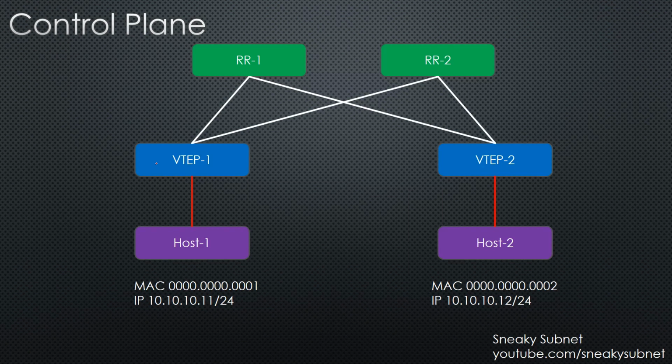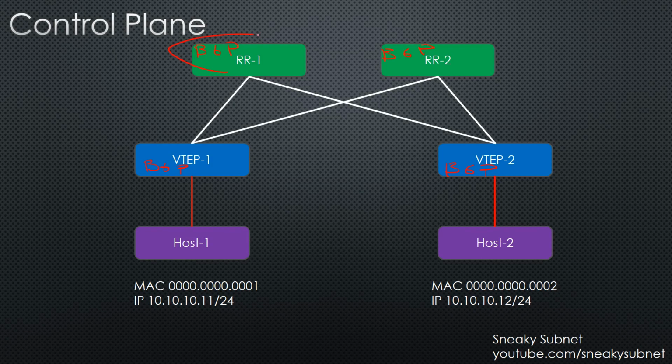In our particular case, VTEP number 1 would run a BGP process. VTEP number 2 also would run a BGP process. And these guys, our spines, they will be route reflectors. So they also will be running a BGP process, but again, they won't be doing VXLAN encapsulation or decapsulation.